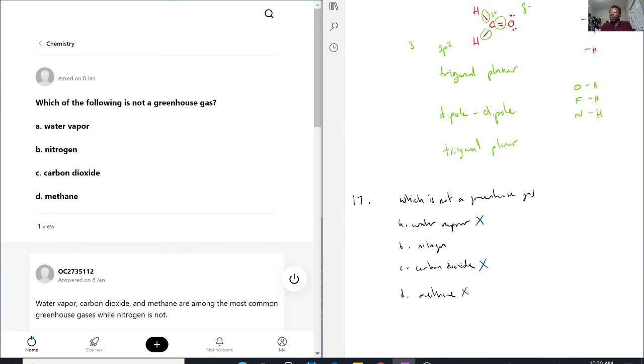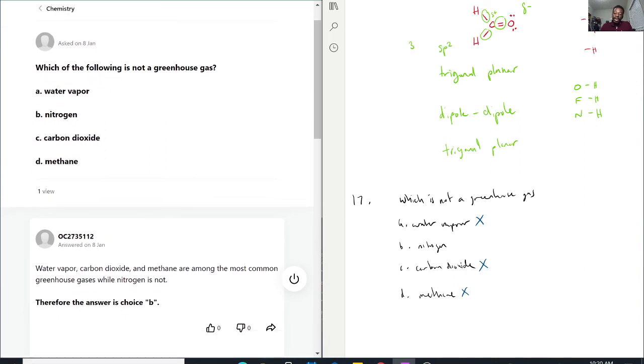And as I said, the only one that I'm not sure about is nitrogen, because I only hear about there needing to be a certain soil concentration of nitrogen, but I don't really hear about it being a gas present, even in the greenhouse or even in the air we breathe currently. So with that being said, as my colleague said, the answer choice would be B. And their logic is, yes, water vapor, carbon dioxide, and methane are among the most common greenhouse gases, and nitrogen is not.